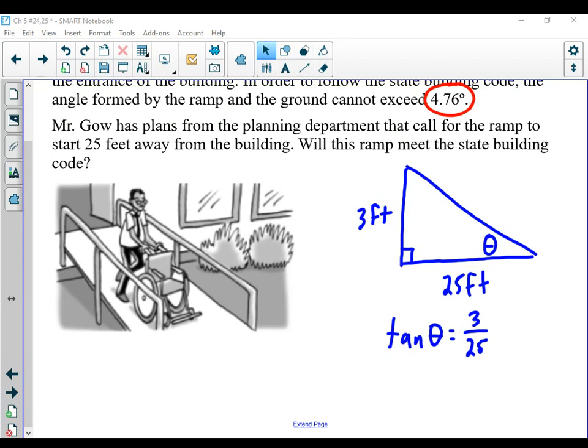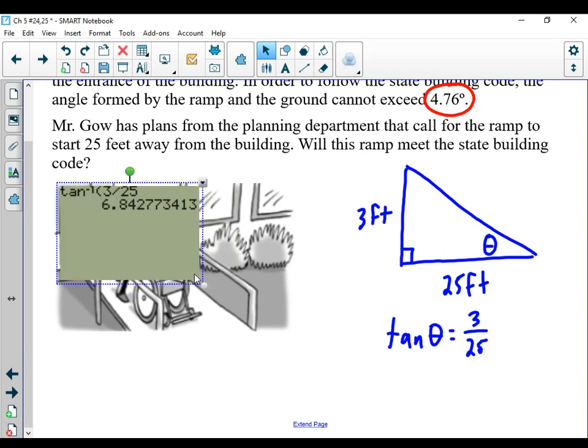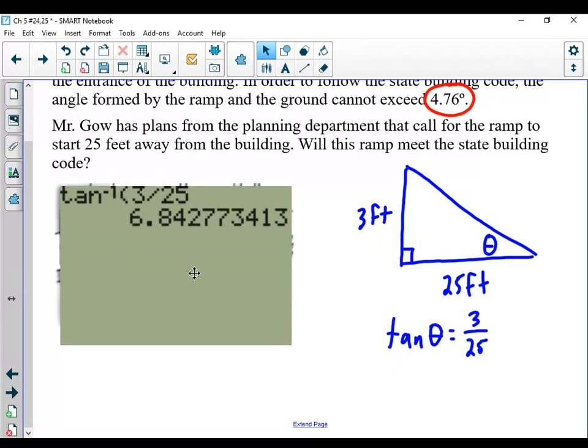Our ratio here was 3 over 25. When I do that, this is the answer I get, which means in that original picture, that angle was 6.84 degrees.